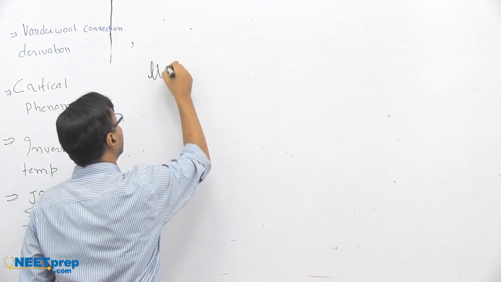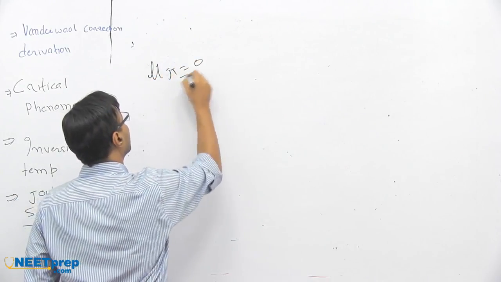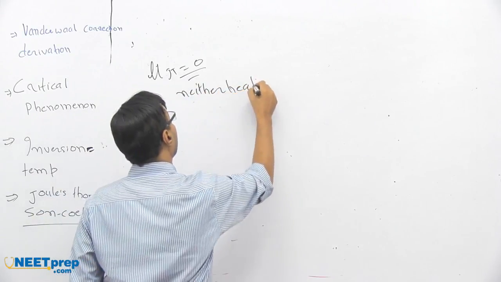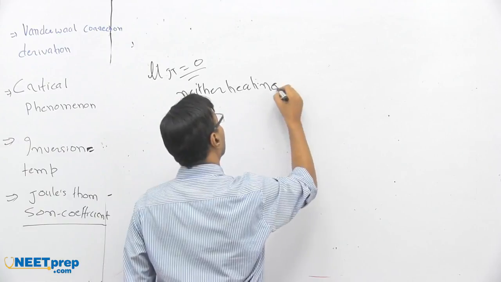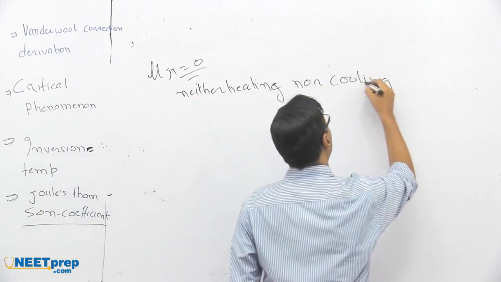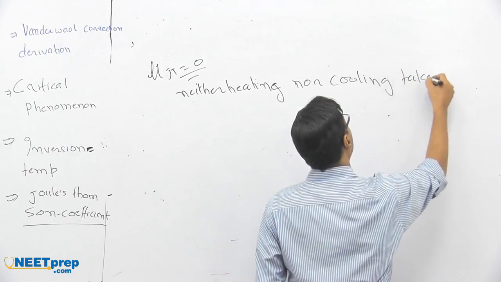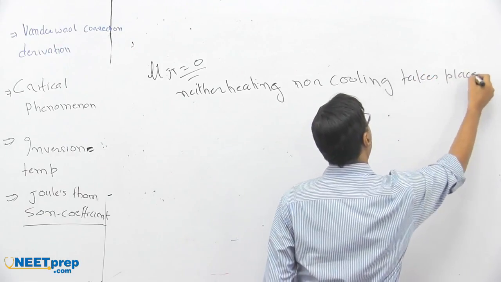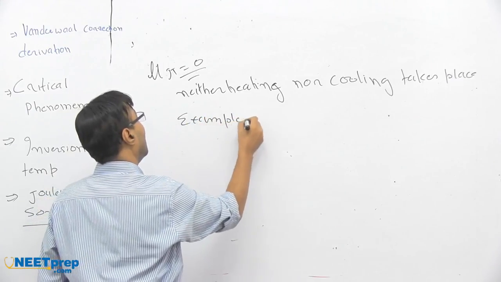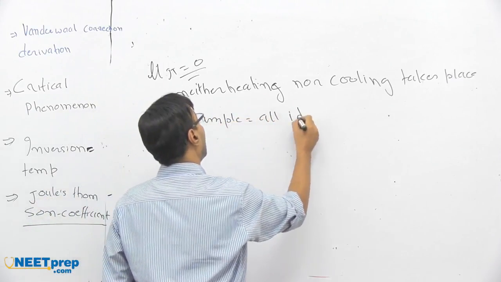If mu JT is equal to 0, neither heating nor cooling takes place. The example is all ideal gases.